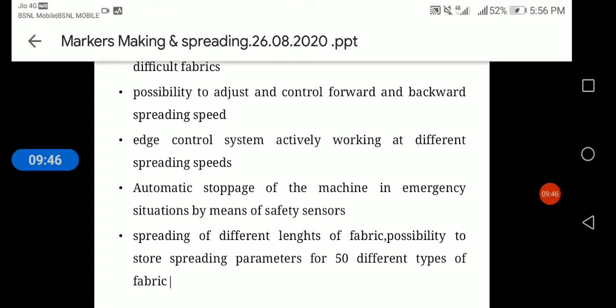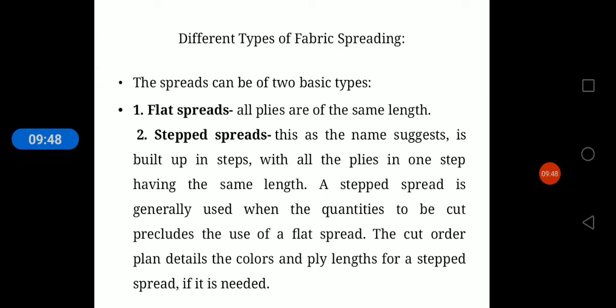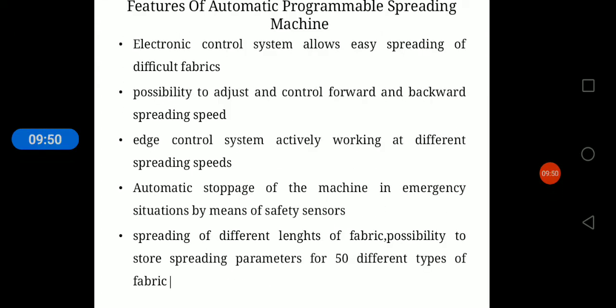Edge control systems actively work at different spreading speeds, and there is automatic stoppage of machines in emergency situations by means of safety sensors. Spreading of different lengths of fabric, and the possibility to store spreading parameters for 50 different types of fabrics. So these are the different features.